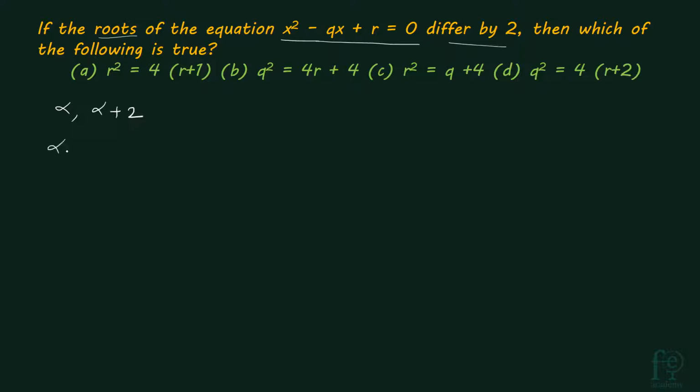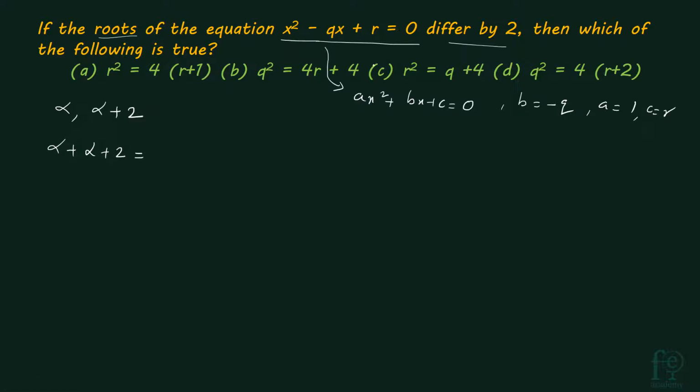So we are assuming the roots are alpha and alpha plus 2. What is the sum of the roots? Sum of the roots is given by minus b by a when the equation is in the format of ax square plus bx plus c is equal to 0. So here b is equal to minus q, a is equal to 1 and c is equal to r.